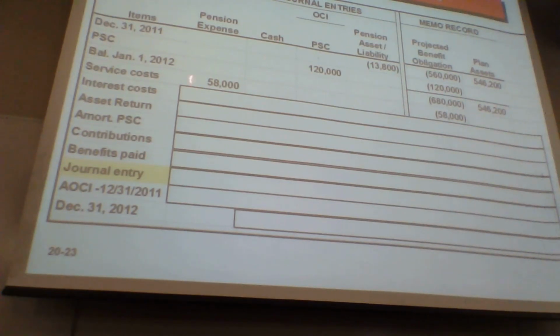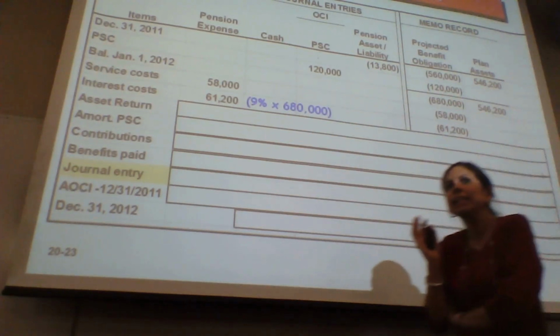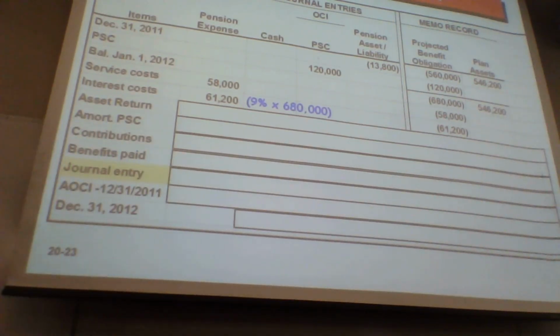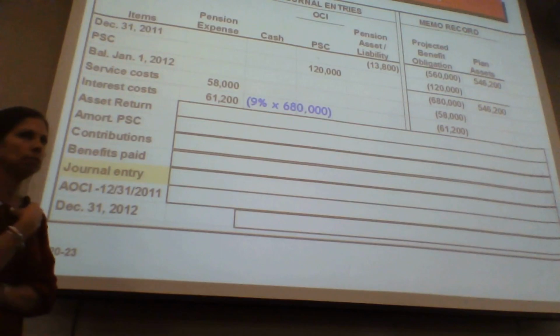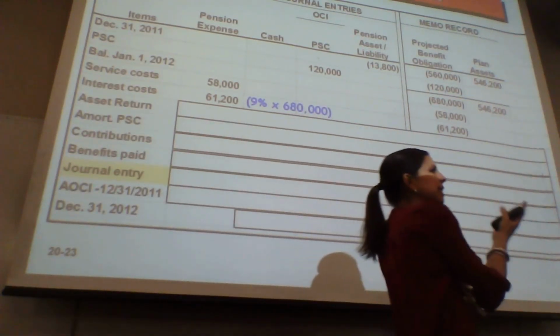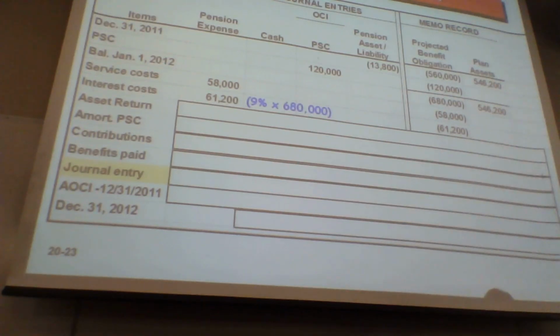We're going to show interest here as the second component of pension expense, and we'll also show it in the obligation, right? So we're going to multiply the 9% times the beginning balance of the PBO, technically the beginning balance plus the immediate change we made to the plan as of January 1.